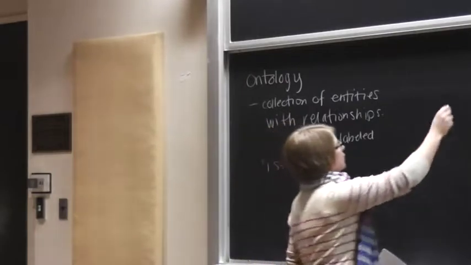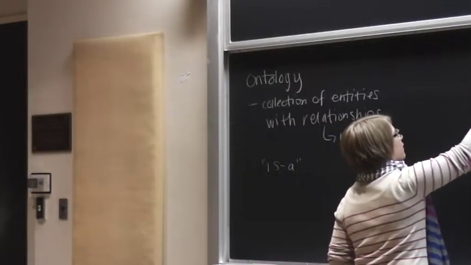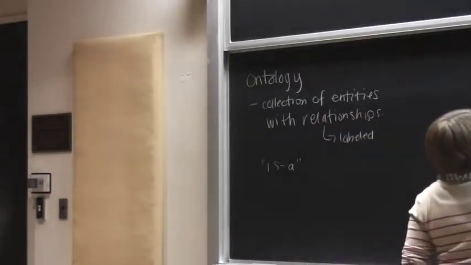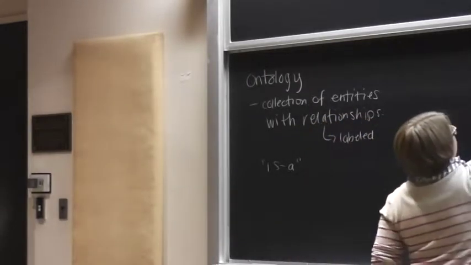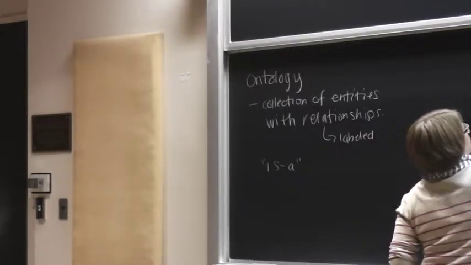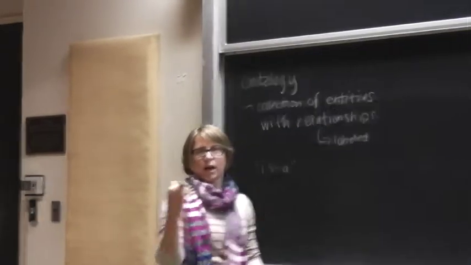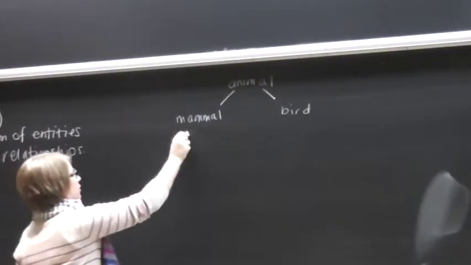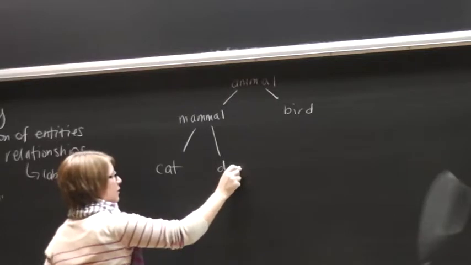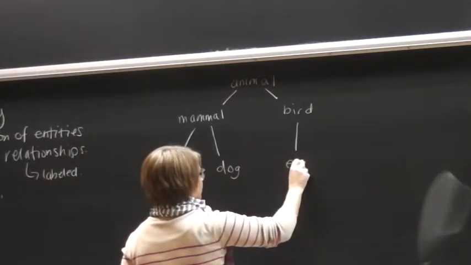So for example, you can have the concept of mammal and the concept of bird. And above that, you have animal. And we have these is-a relationships between mammal and bird and animal. And you can further go down and put cat and dog, and maybe eagle.